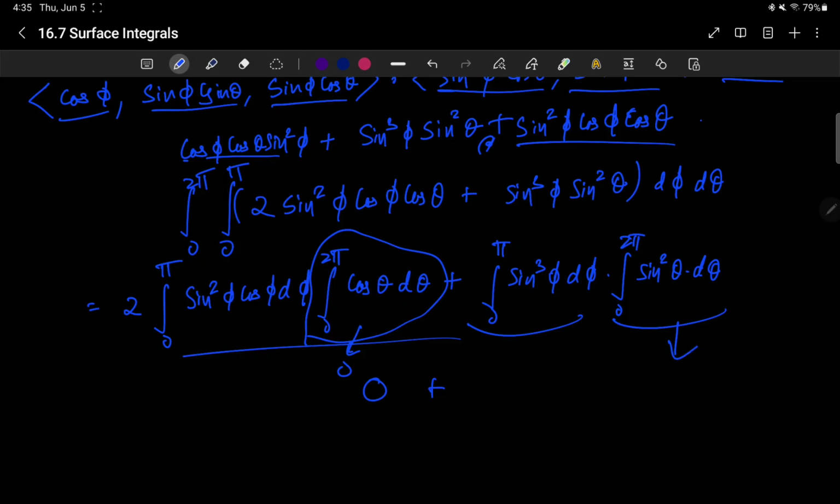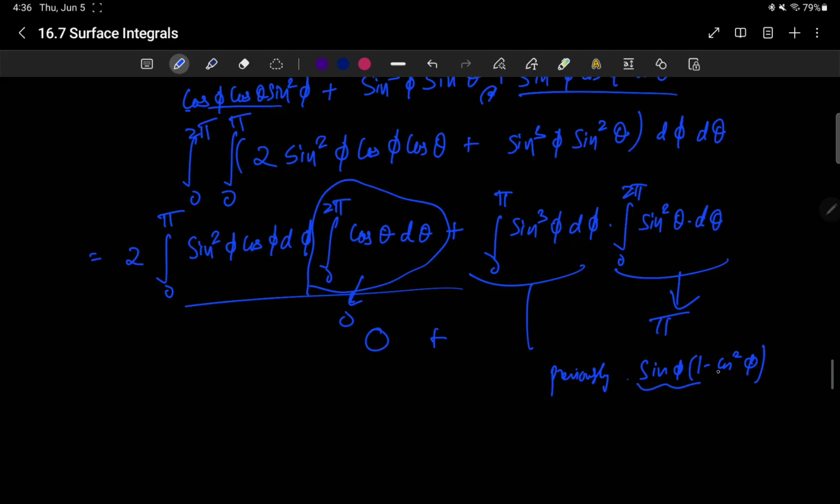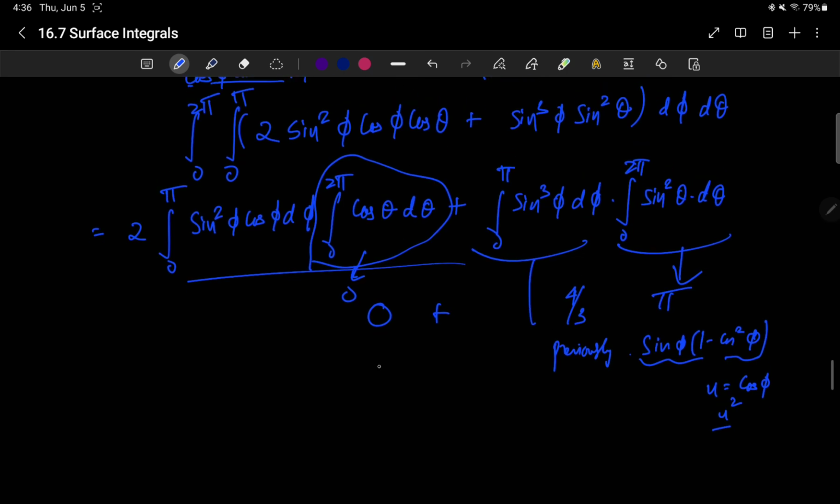This we know is given by pi, and this we have found previously using sine phi times 1 minus cosine squared phi, and all of that, where the first part again becomes a 0, and then for the second part you use u equals cosine phi, so you get a u squared and divide by 3 and all of that, which gives you a 4/3 here, so eventually we end up with 4 pi over 3.